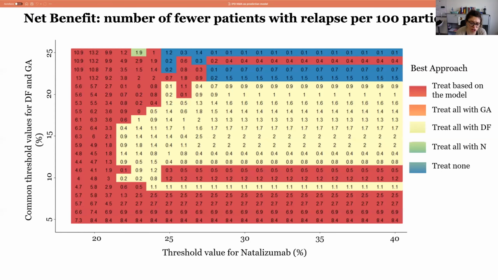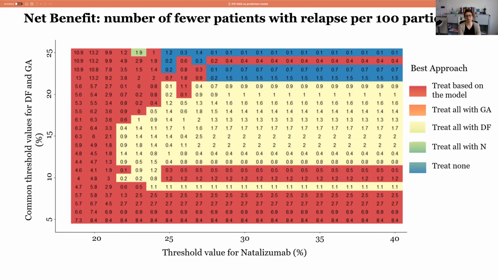And this is a 2-dimensional version of that graph, where on the horizontal axis are reasonable thresholds for natalizumab, and on the vertical, reasonable, we think, thresholds for dimethyl fumarate and glatiramer acetate. And the colors show which strategy is preferable for each combination of thresholds. The red is our model, and you see for many threshold combinations, our model is preferable.